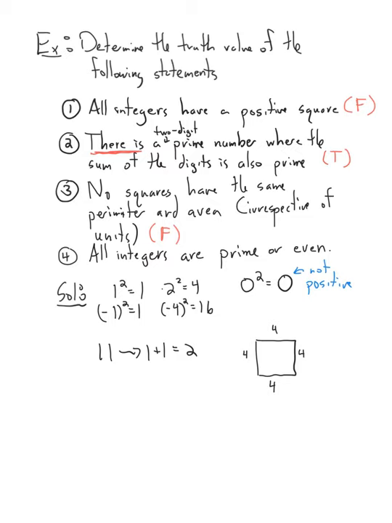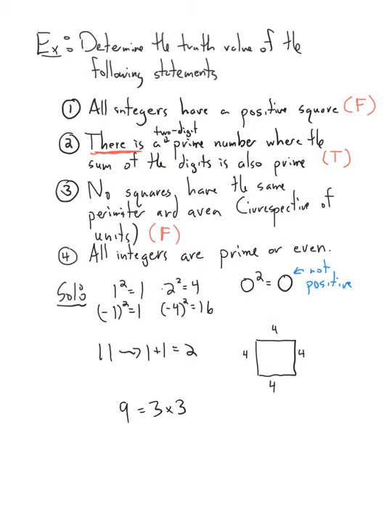And finally, let's look at number 4. All integers are prime or even. Can we find an integer that is not prime and not even? So let's think about it. If it's not even, it must be odd. So we're looking at odd numbers, and we want odd numbers that aren't prime. The first odd number I can think of that isn't prime is 9. It's definitely not prime, since 9 is 3 times 3.